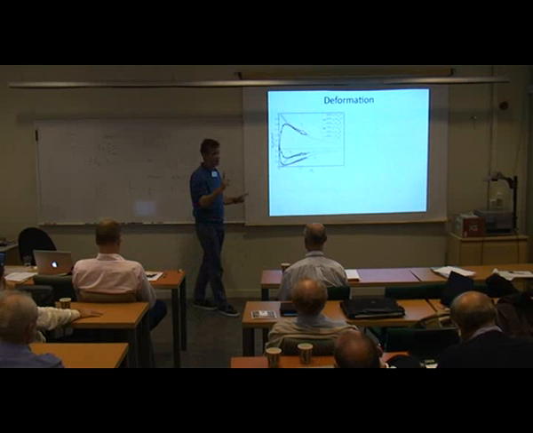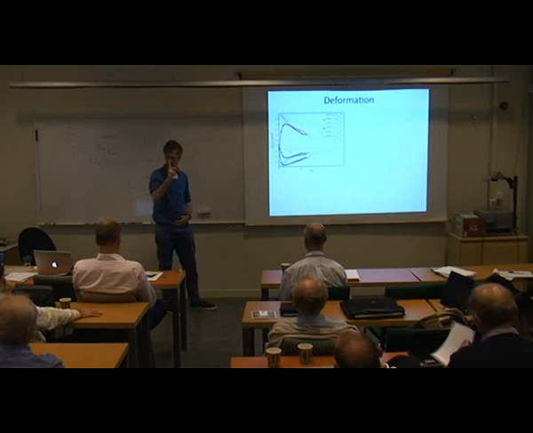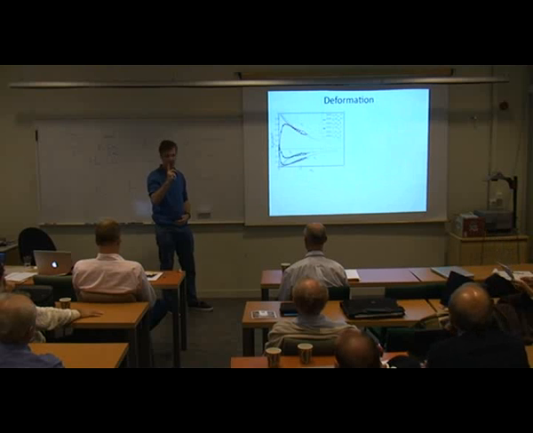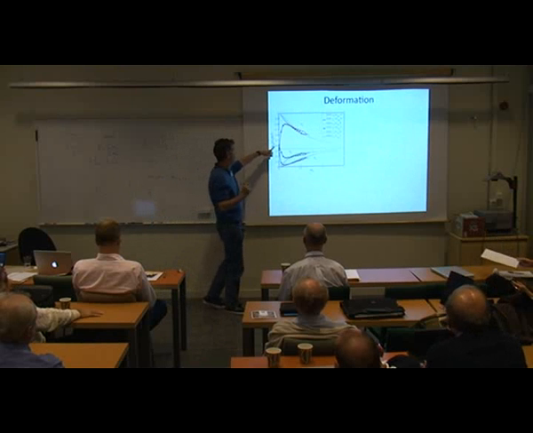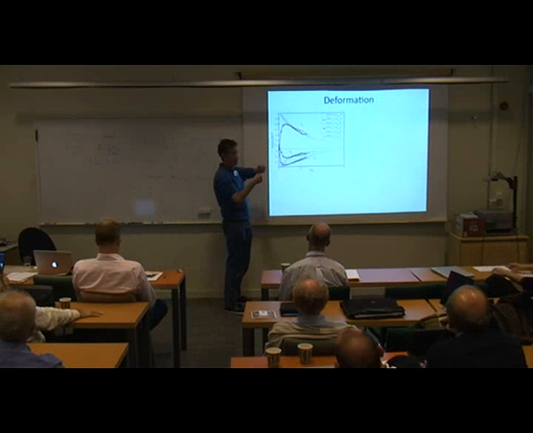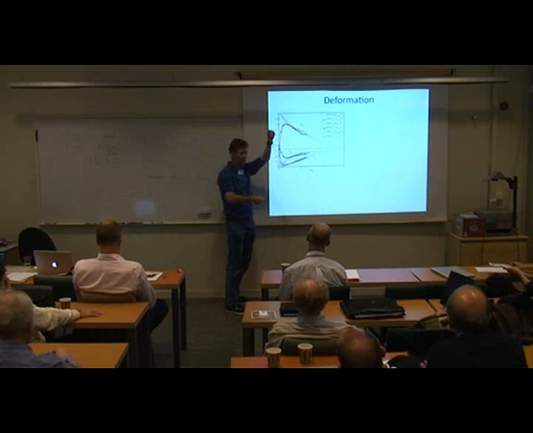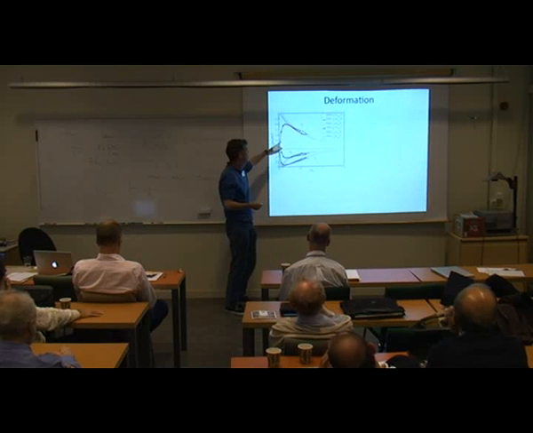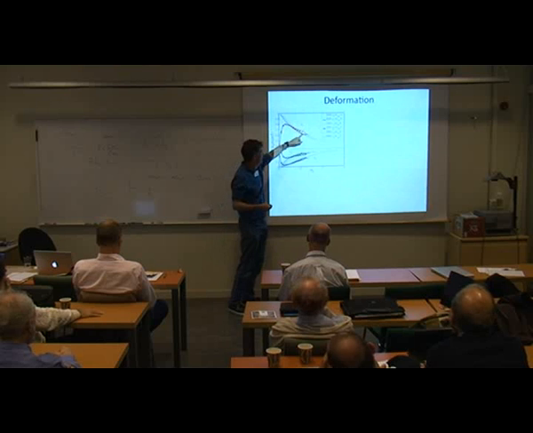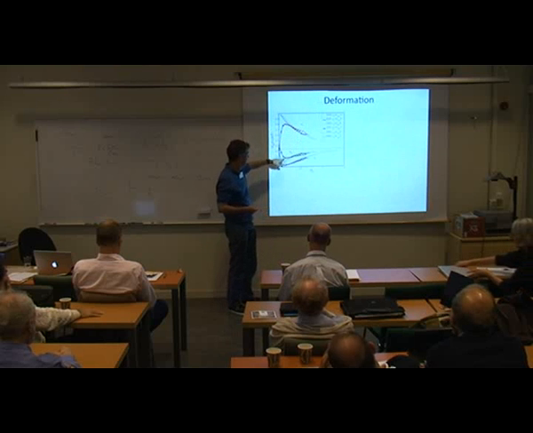This ellipsoid has various eigenvalues again, and you can see how the eigenvalues, the largest, the intermediate and the smallest, correlate with the eigenvalues of strain.